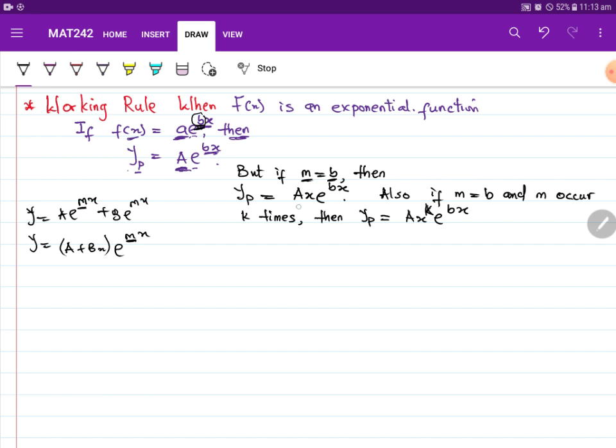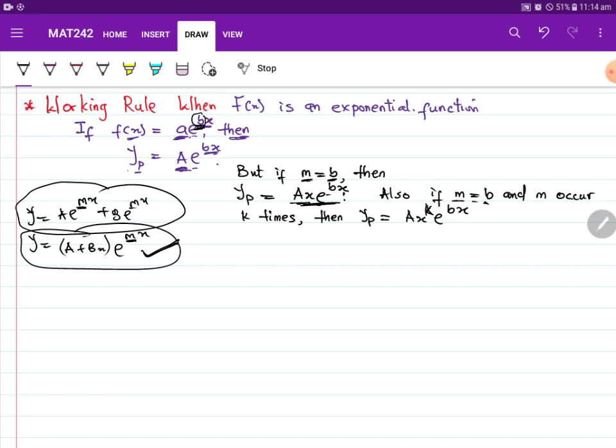Therefore, you have to change your what? Your yp to what? Ax exponential bx. This is for when one of the m is b. But if your m is equal to b and m occurs k times, for example, m occurs twice, so this part is when your m occurs twice.